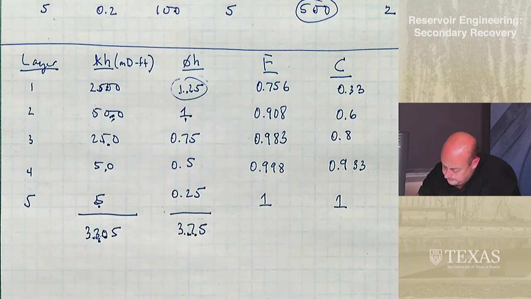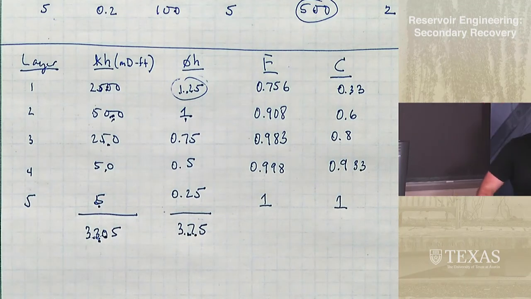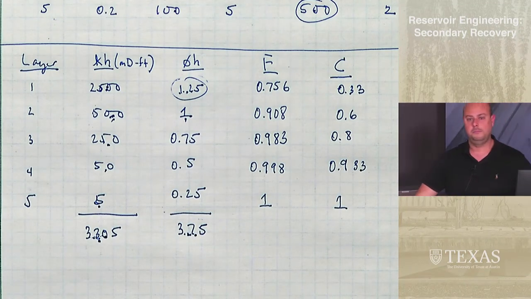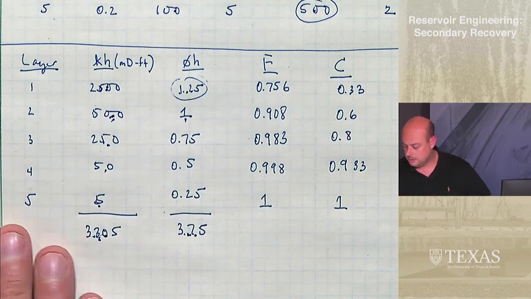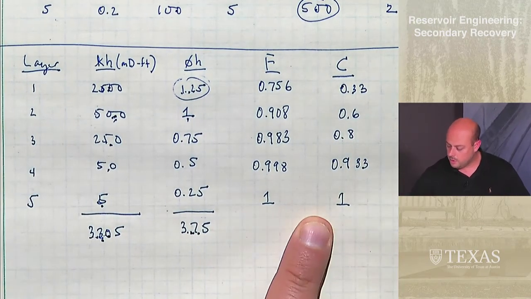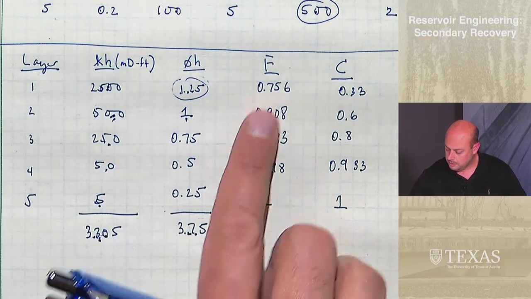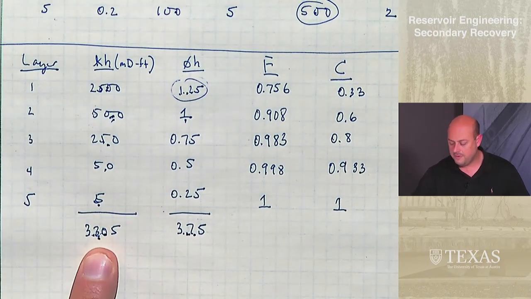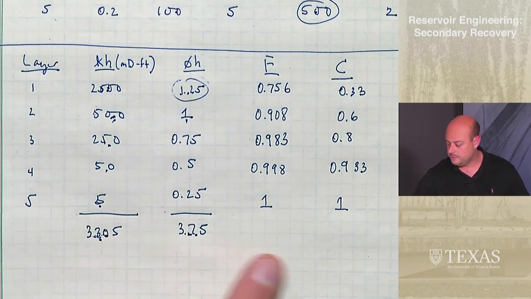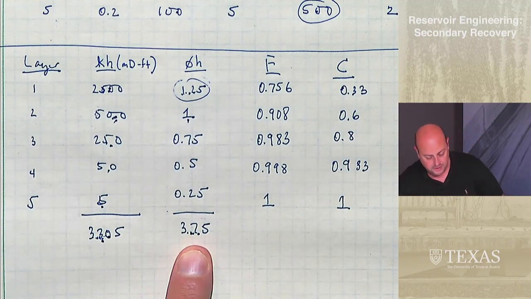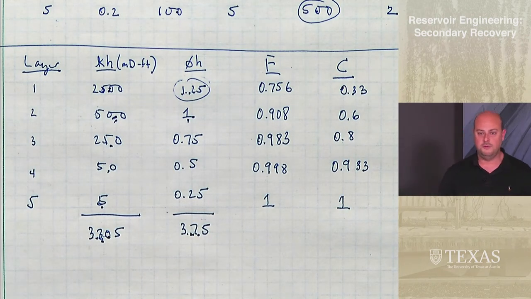And then 1. Okay, when you get to the last layer, it's always going to be 1 because you're effectively summing, this is going to be 3,305 divided by 3,305, and this one's going to be 3.75 divided by 3.75. It's a summation of all of them.